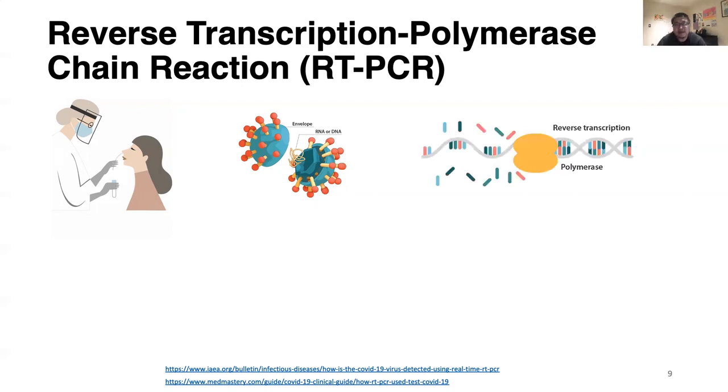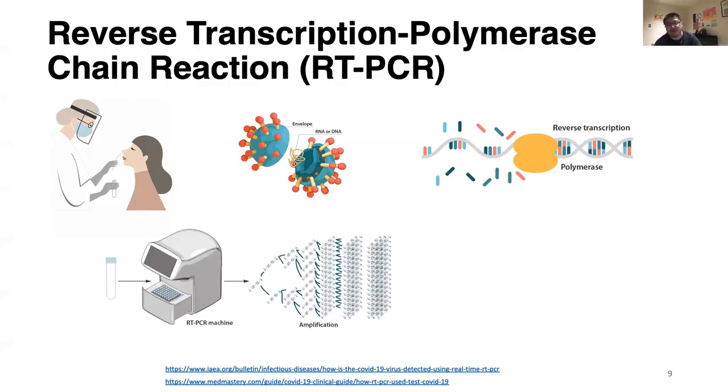After that, you put the specimen obtained from either nose or oral swabs into an RT-PCR machine, and it does this reverse transcription and then the replication. With several cycles, it checks if the viral load exceeds a certain threshold.